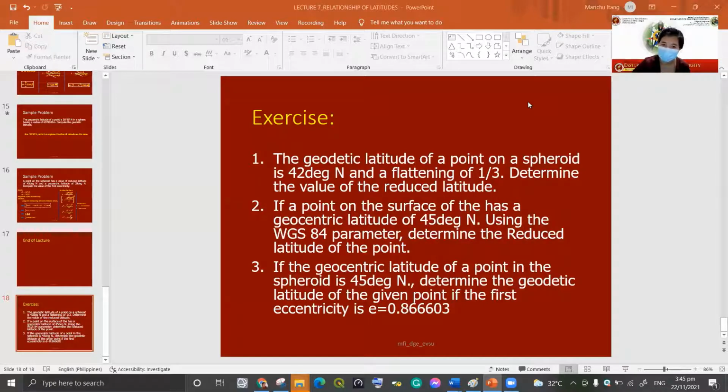So we are given the geocentric latitude, which is 45 degrees, and WGS84. We are going to find the parameters for WGS84, and then compute the corresponding reduced latitude. So let's have another solution.